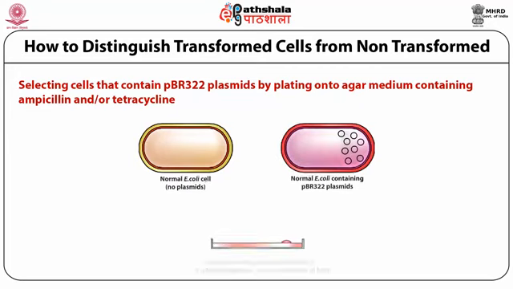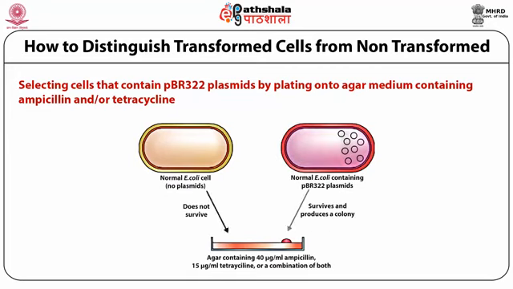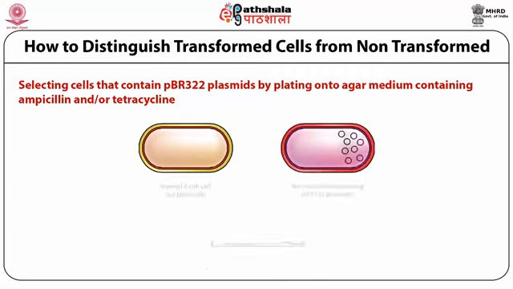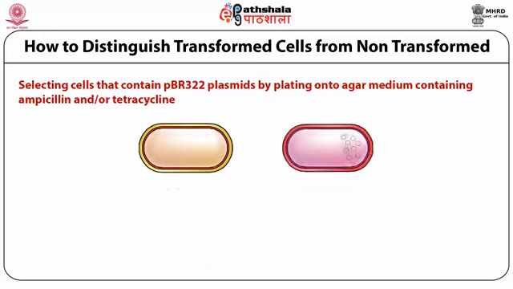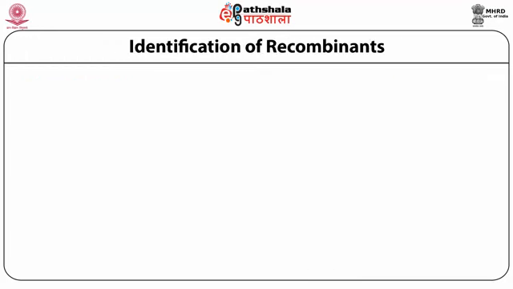Whereas the cells which received the recombinant molecules or empty vector of pBR322, when they are transformed, those cells can survive on the medium containing ampicillin or tetracycline. That's how one can identify the clones.